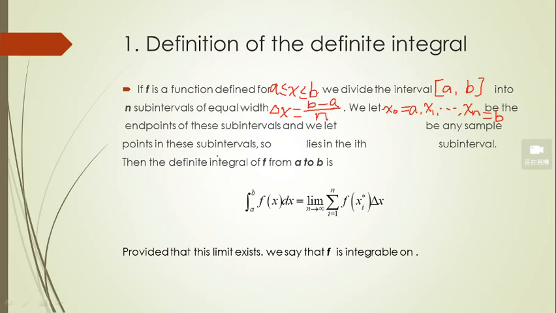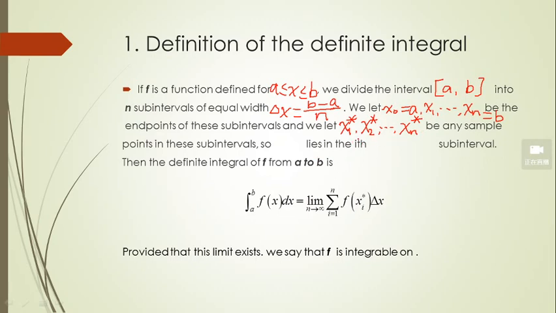And what is the sample point? What is the sample point notation? So in each subinterval, we have the sample point notation star: x1 star, x2 star, xi star, until xn star. So this star is just a notation, okay? Not specific values.